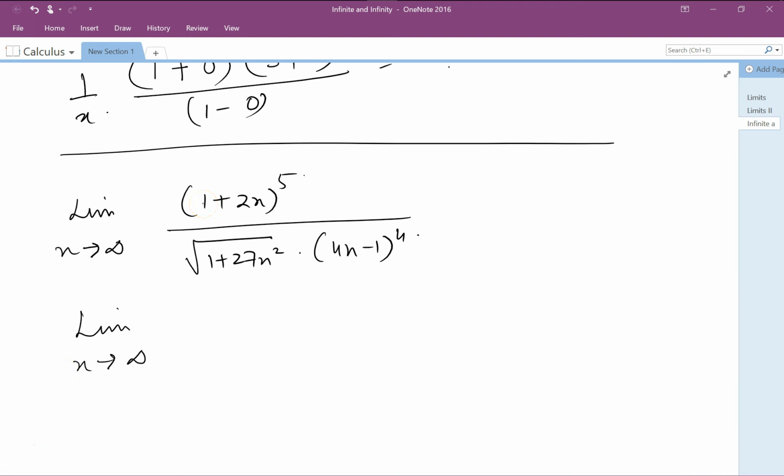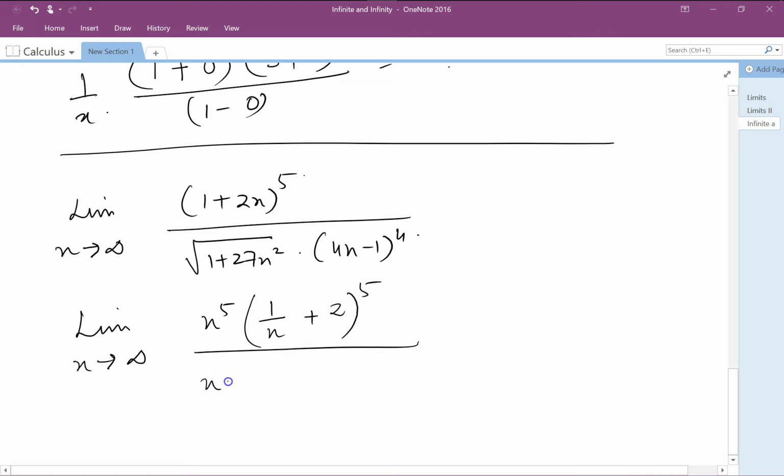So here what do we do? When we expand n to the power of 5, n to the power of 5 will come, isn't it? So we take n to the power of 5 out. So here we have 1 by n plus 2 inside. Let's take out n square here. If we take out n square, because of the square root, it becomes n.